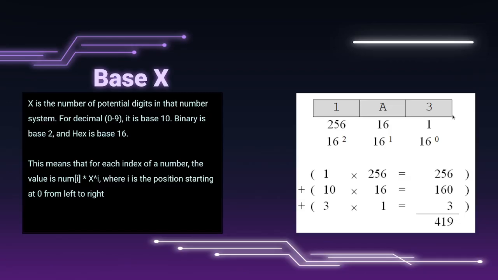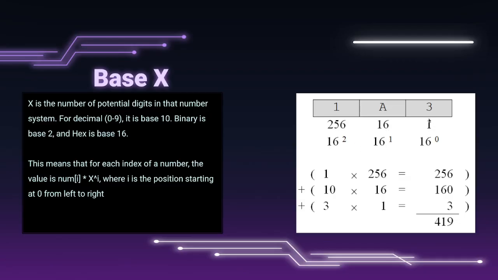We're going from right to left, so this is our 0th digit. So it's multiplied by x to the power of that index. In this case, this is 16, for this is a base 16 example. So it's 3 times 16 to the 0, and that's going to yield us our value. And this up here is just evaluating 16 to the 0, that's 1. In this case, 16 to the 1 is 16, so on and so forth.